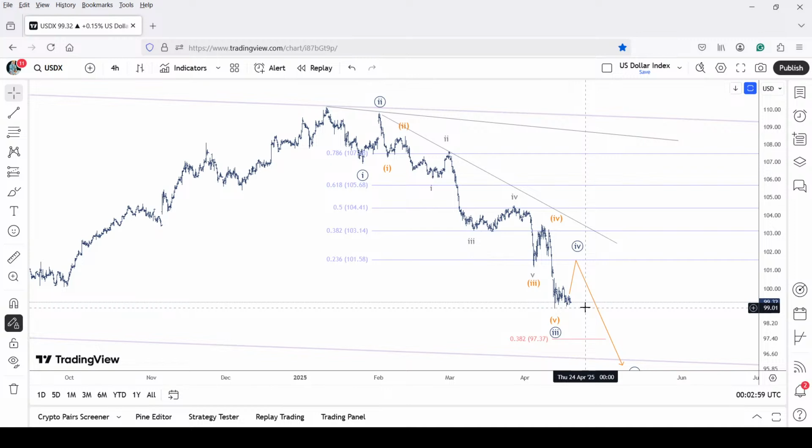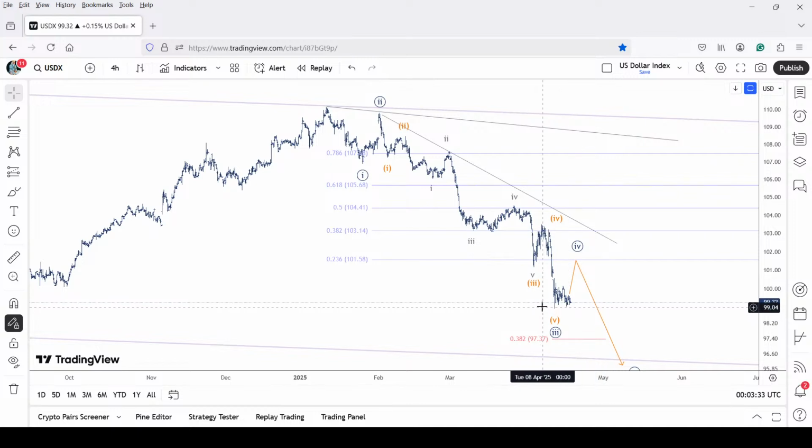As discussed in the previous sessions, please do not be surprised if you see a shallow low being printed before wave 4 could resume higher again towards 101.50, because minute wave 3 specifically in the dollar index fell a little bit shorter of the Fibonacci extension of 98.25.